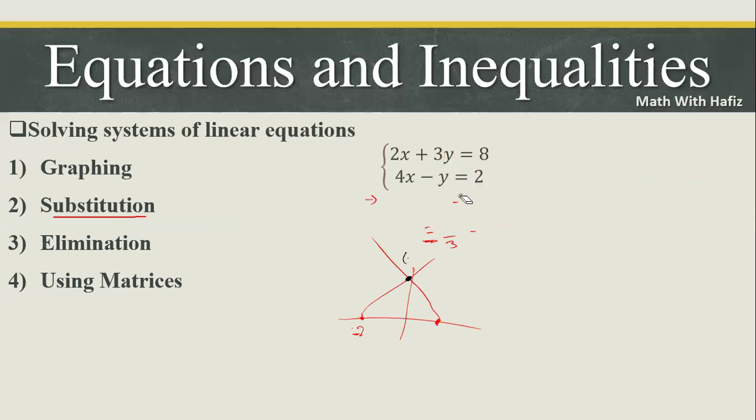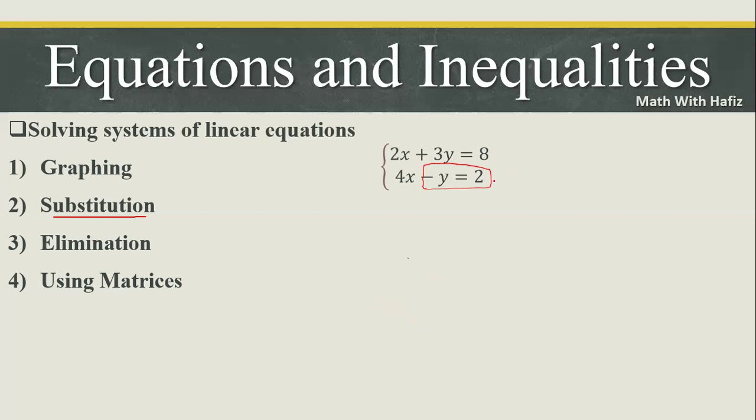So for substitution, what you can do is choose any one equation, solve that equation for one variable, plug the value of that variable into the other equation, and you will find the values of the variables. For example, in this question it is easy to solve for y because y has a coefficient of -1. Once we move it to the right side, it will be +1.